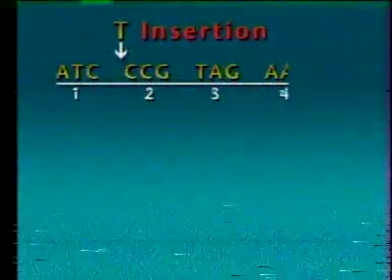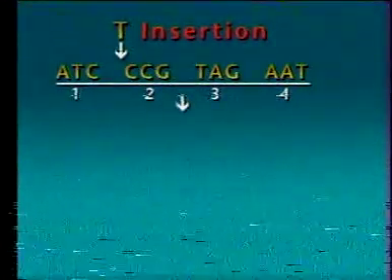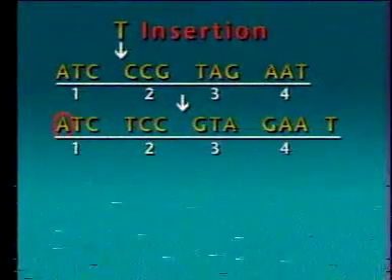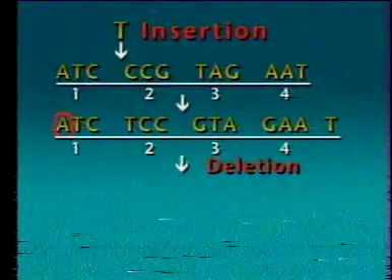Now, this code system has no commas or full stops. Therefore, the insertion or deletion of any base changes the whole sequence of amino acids onwards. The examples of codes shown here indicate that the 3rd base is not so important in some codes, and in some the 2nd one.